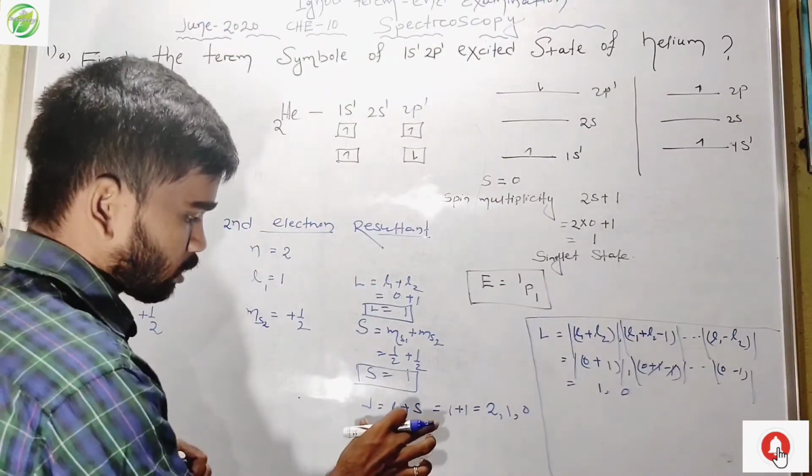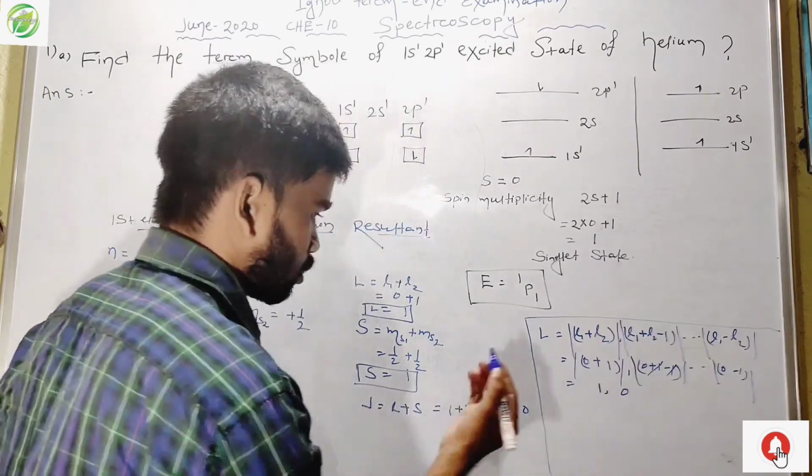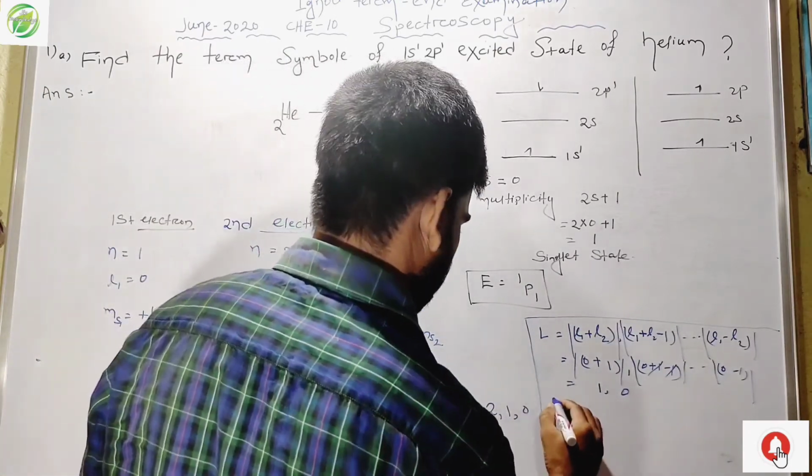We also calculate the J value with the direct formula. Let's try to solve this.